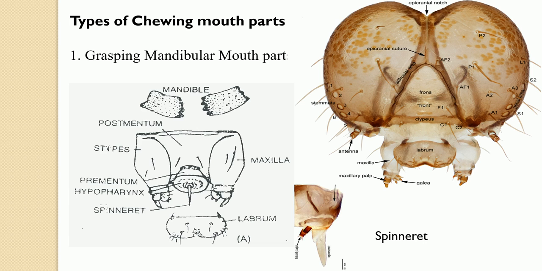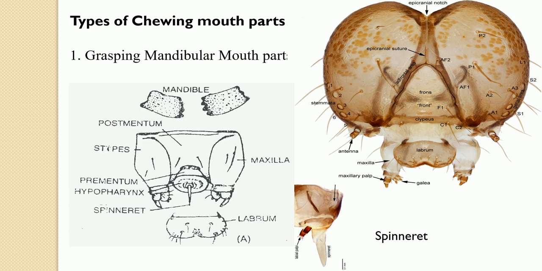Now it bears a spinneret at its tip or distal end, and basally this whole organ is supported by the hypostomal lobe of the postgena. So this is the basal region which is supported by the hypostomal lobe of the postgena. Then the wall of the underlip complex is membranous.